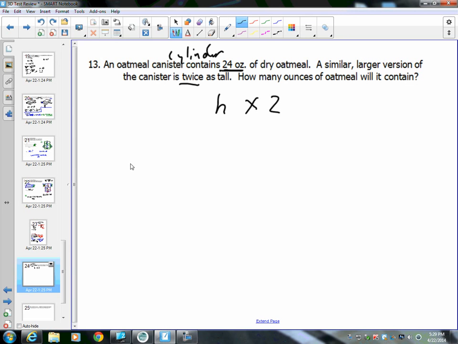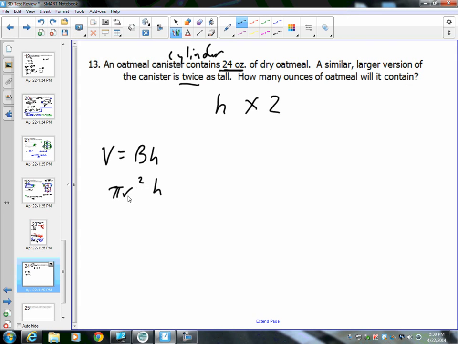Well, since it's a cylinder, because this is containing oatmeal on the inside, the volume of a cylinder is big B times H. Big B is the area of the base, and since it's a cylinder, the base is a circle, so we say pi r squared for big B, times the height. Take a look at how the height is changing by 2.